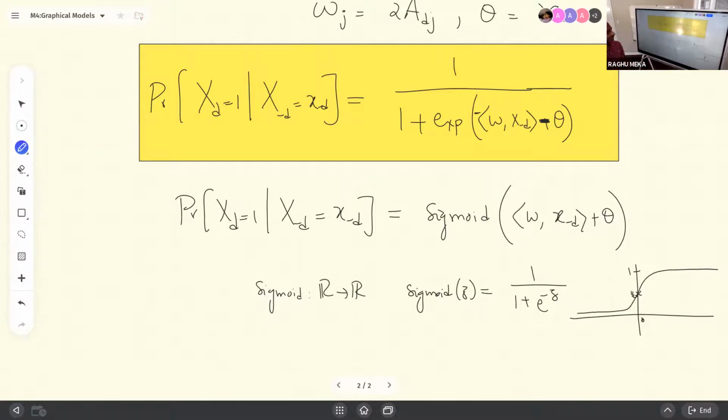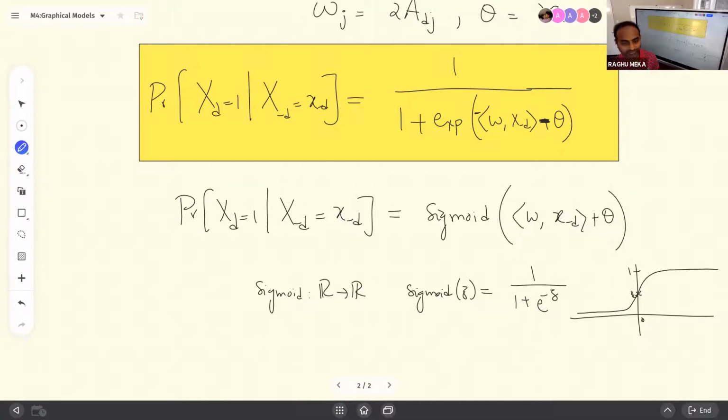Okay, it's basically saying the conditional distribution of one node given everything else is the sigmoid. Okay, it's almost like a linear regression type question now, right? Except that you have a sigmoid sitting there and there is some noise.